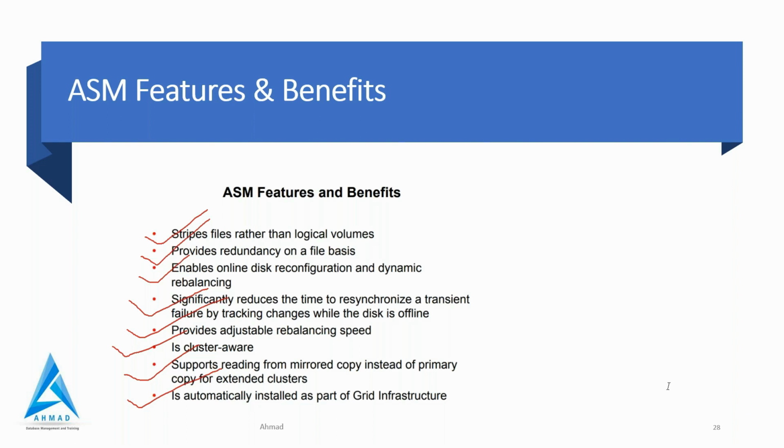Yes, correct. ASM does not restripe all the data, but in online operations, ASM moves data proportional to the amount of storage added or removed to evenly redistribute the files and maintain a balanced IO load across the disks.